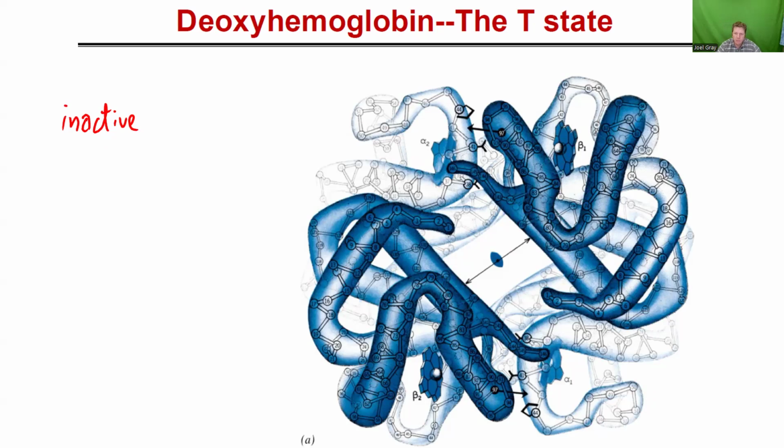Now, whenever I look at hemoglobin in the T state or the R state, one of the things that always resonates with me is looking at that central cavity. When you look at that central cavity, I'm going to draw this with the annotate tool as opposed to on PowerPoint. I'm going to use green, and a larger pen.